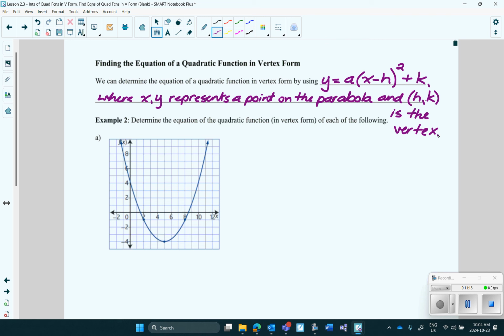So what's the vertex of this line? 5, -4, which means what's the value of h? 5, and k? -4. So I've got these two right away. I'm like 2/3 of the way there. The only thing I don't know is how do I figure out a? How do I figure out how much it stretches?